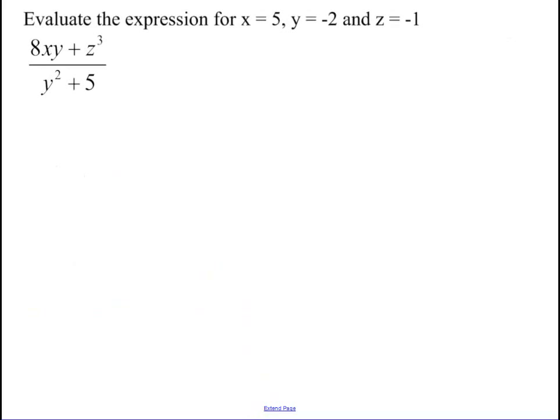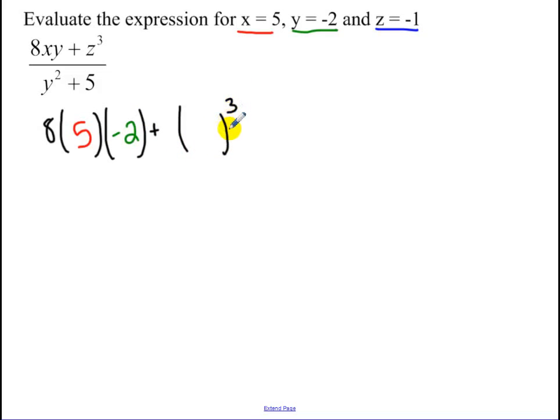Okay, now again, evaluating the expression, just a little bit more complicated. X is 5. Y is -2. Z is a -1. So we have 8 times X, which is 5, times Y, which is -2, plus whatever Z is cubed.